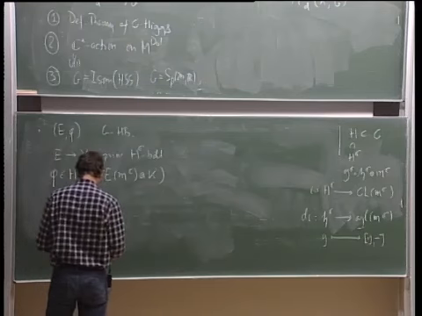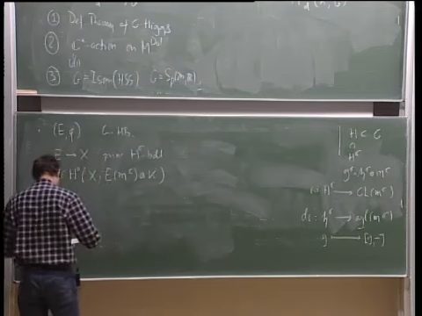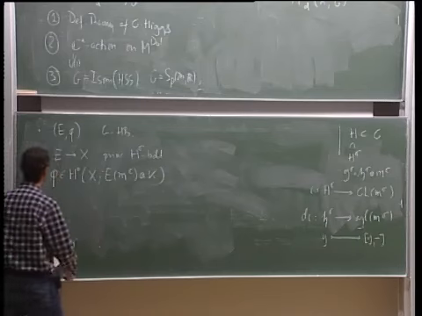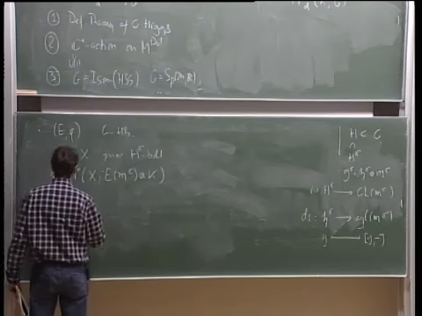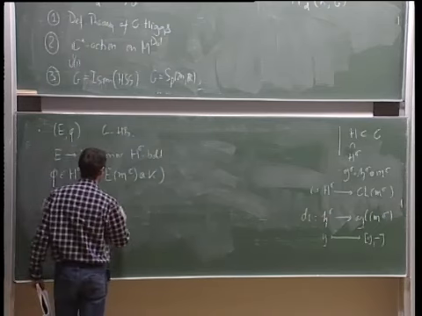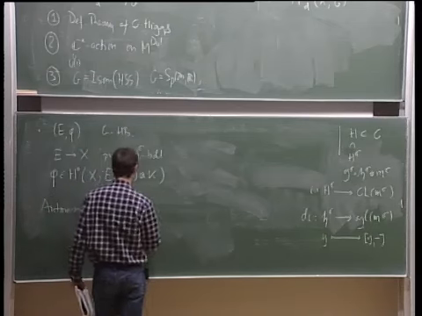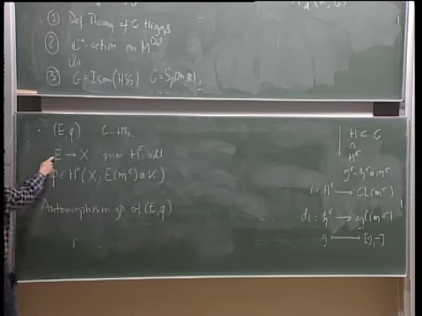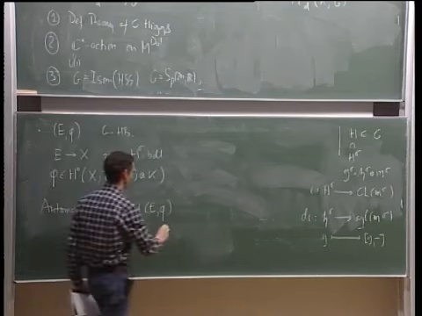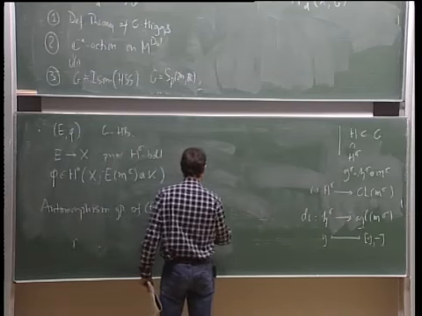All right, so let me introduce now the automorphism group of (E, phi). So that's just the group of automorphisms of E that preserve the Higgs field phi.